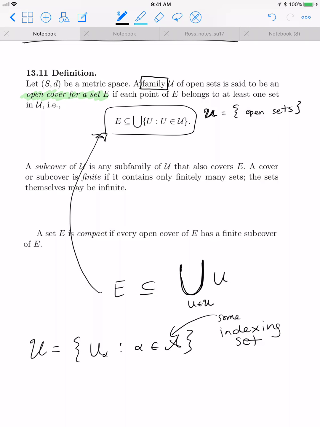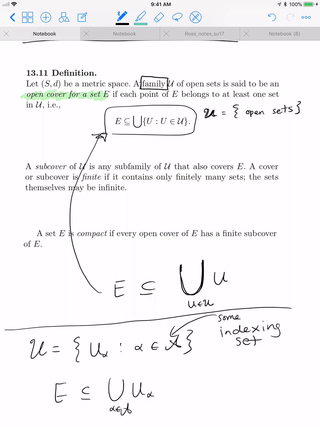It could be countable, could be uncountable, could be finite, right? And if script U is written like this, then you would say that E is contained in the union of the U sub alpha, where alpha runs through big A.